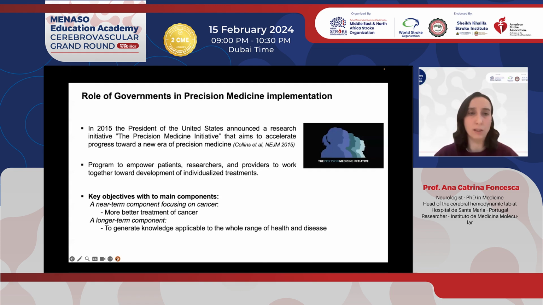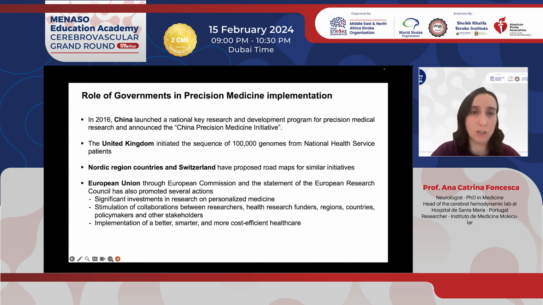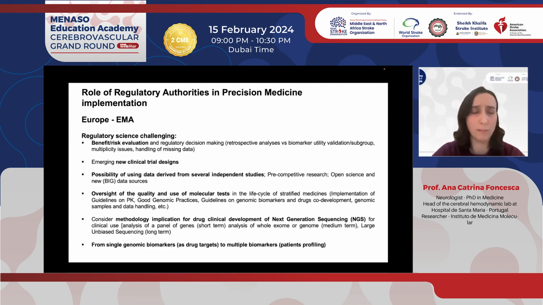But the long-term goal right now is to try to apply the range of knowledge that we have about precision medicine to other areas as well. And it's not only the US government that has applied efforts to use a precision medicine approach. Also China, the United Kingdom, Nordic region countries, Switzerland, as well as the European Union, have developed efforts to increase research on personalized medicine.